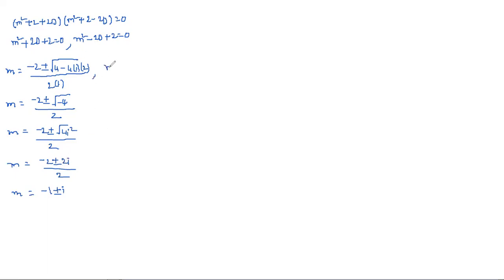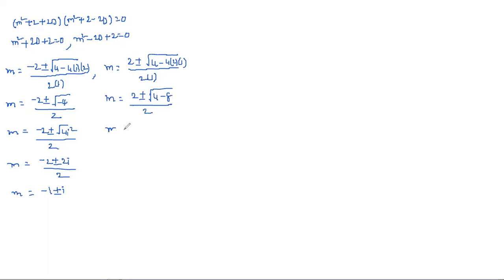So this is also, if you take this, m is equal to minus b plus or minus square root of b square minus 4ac by 2a, 2 into 1. And then what we get, m is equal to 2 plus or minus square root of 4 minus 8 by 2.